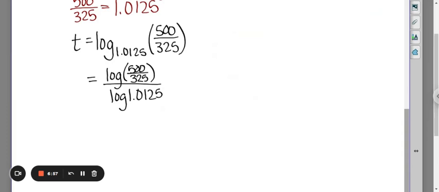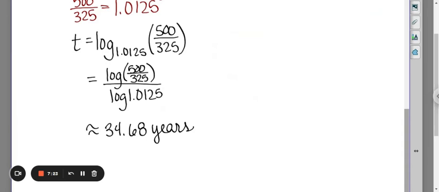What did you end up with on that? 34.68. And then you just tack on a unit, whatever they're measuring this in. They're measuring it in years. So almost about 34 and a half years for that to take place.